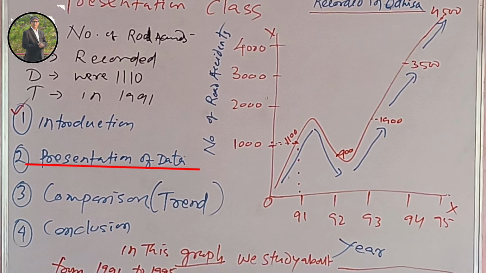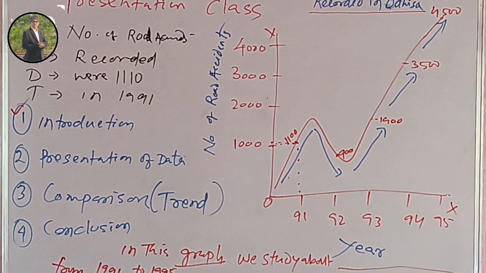And then in the next year, that is in 1993, the number of accidents increased to 1900. Then you will say that in the year 1994 it further increased to 3500, and in 1995 it became the highest at 4500. So this is what is called presentation of data.